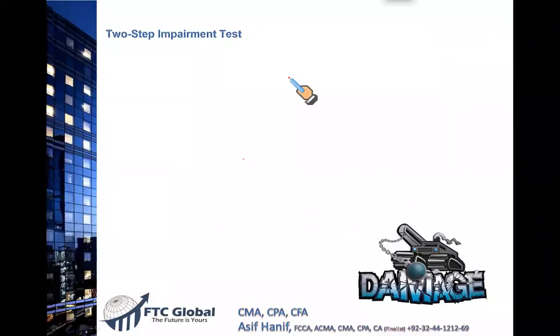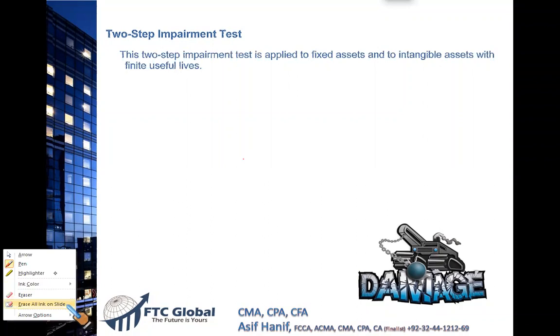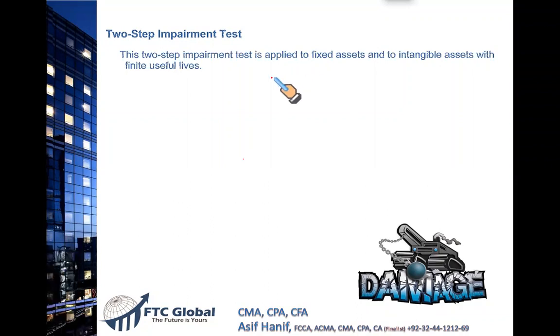Okay, so our next topic is impairment of assets. Remember, I hope you remember that you have done 4 types of assets, which were classified into tangible and intangible. In tangible, we discussed property, plant, and equipment.